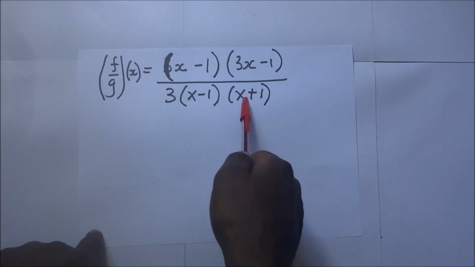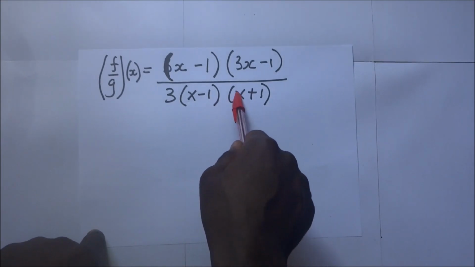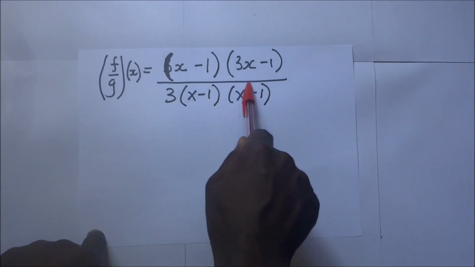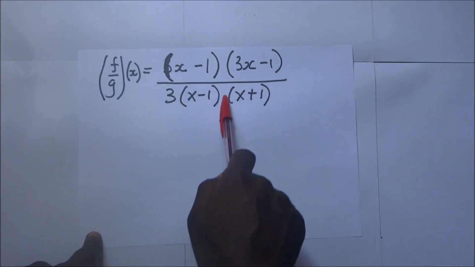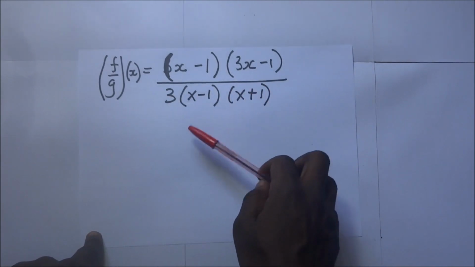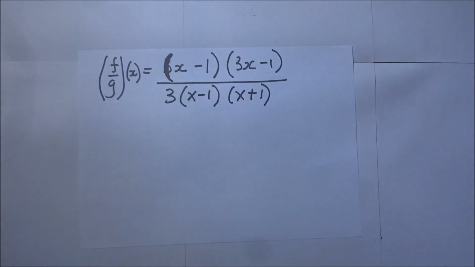Also, if you look at this term, if x was negative 1, it would mean that as far as this bracket is concerned, negative 1 plus 1 would make this bracket 0. Making this bracket 0 would make this whole term equal to 0, and that would make the value of this quotient undefined.